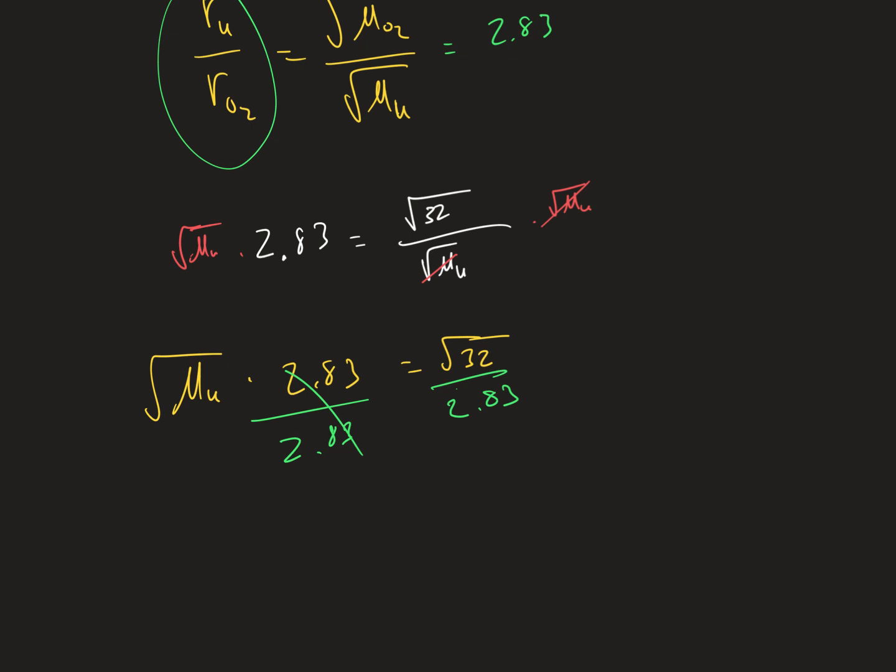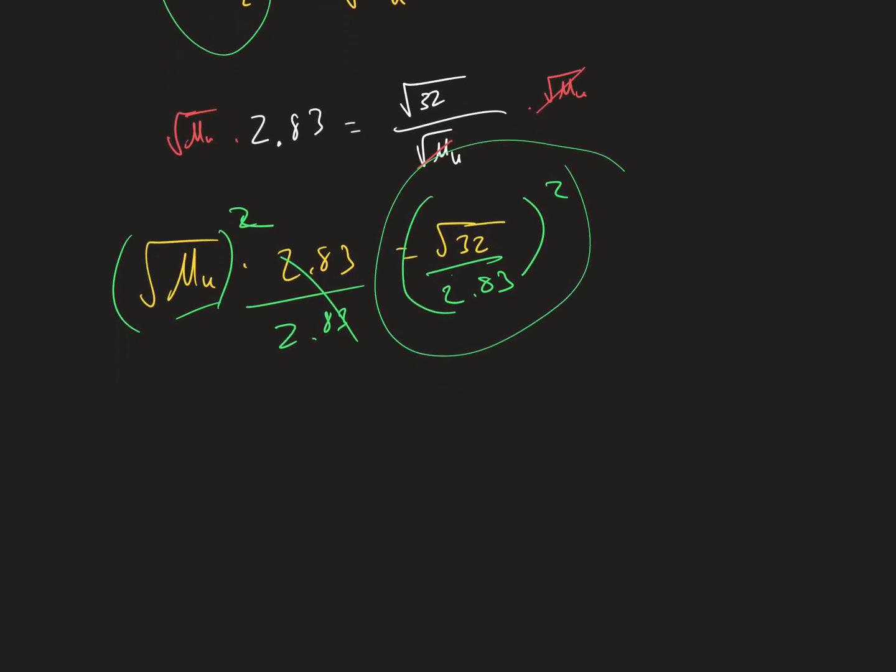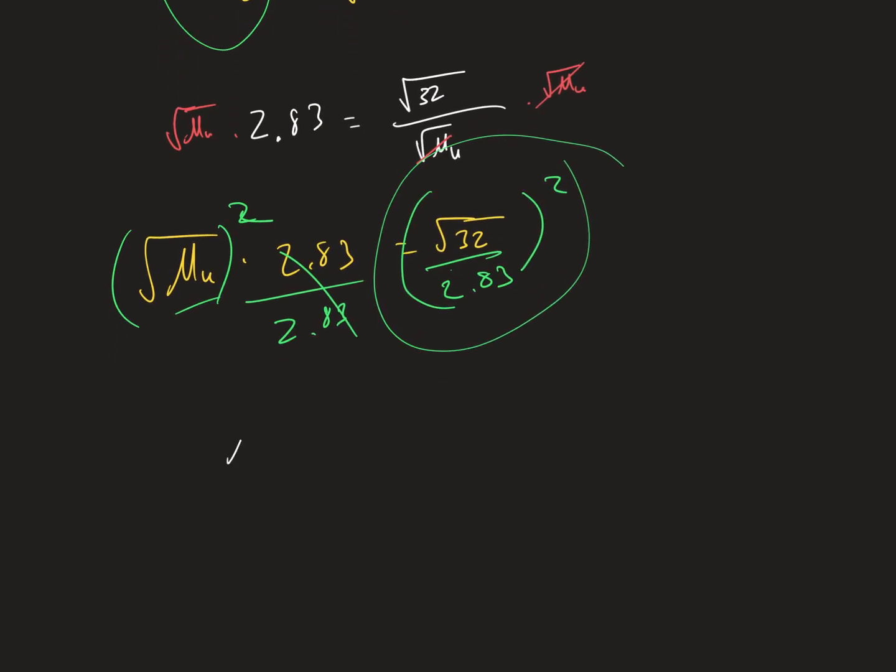Is our molar mass all alone yet? Square it. If we square this side, we have to square this side. Do you see this looks just like the other one, just with numbers instead of all the variables? So either way would have worked. So we get the molar mass of our unknown gas is equal to the square root of 32 divided by 2.83, and then we square our answer. Make sure you do it in order of operations. Good? And what do we get?